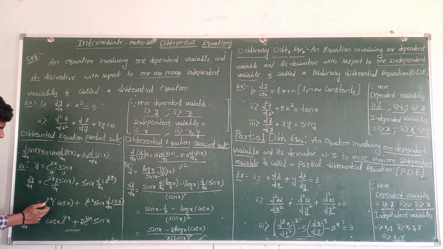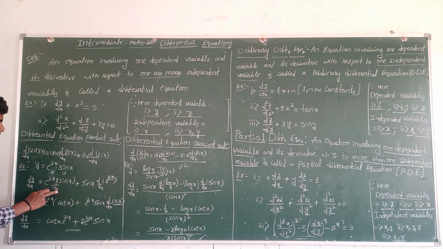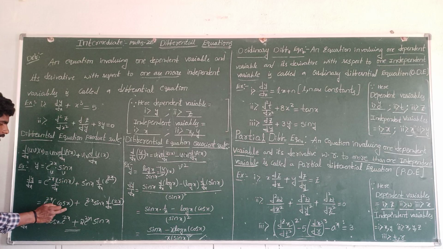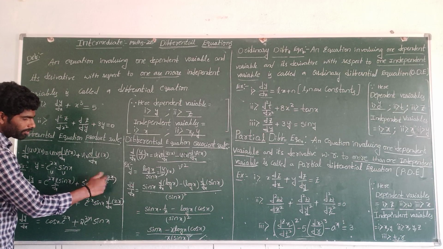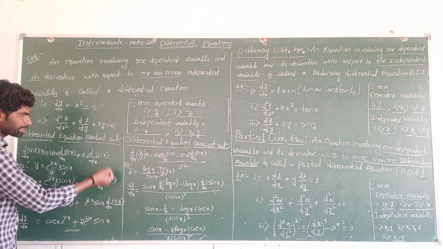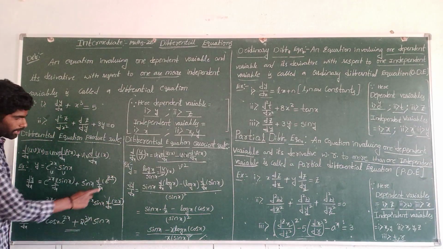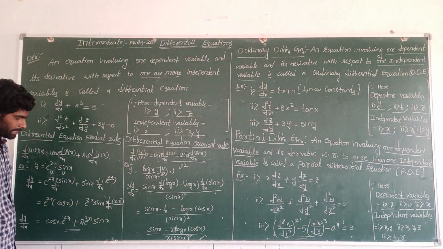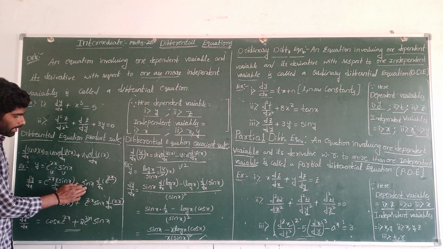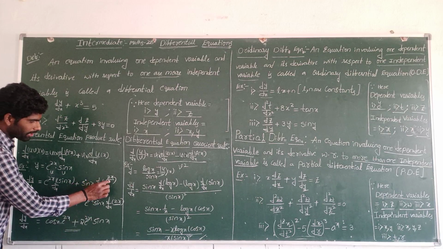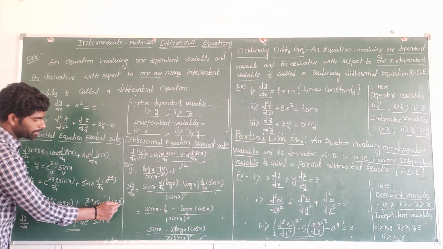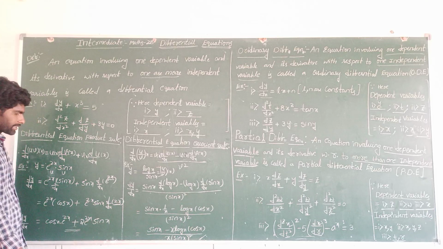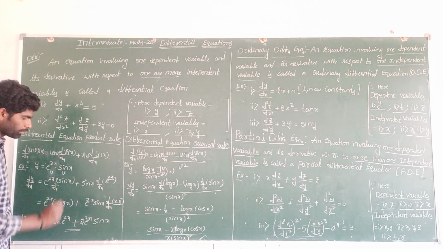Next step: e power of 2x stays as is, and d by dx of sin x is cos x. The derivative of e power of x is e power of x, but here we have e power of 2x, so we again differentiate 2x, and d by dx of 2x is 2.